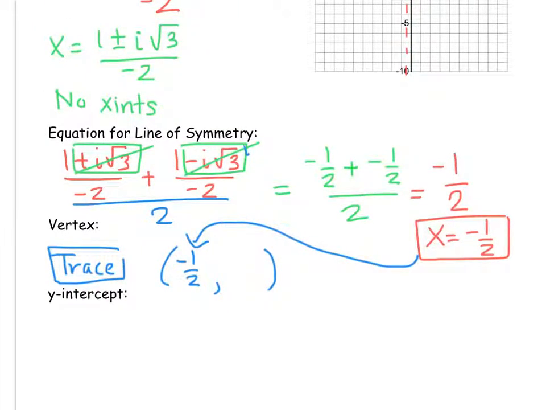Okay, so you grab your calculator, and in y equals, you put the equation, which was negative x squared minus x minus 1. And then we press graph, and then we'll do trace negative 0.5, and you get negative 0.75.